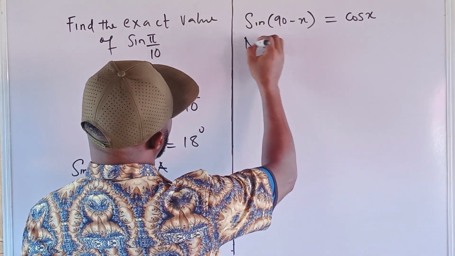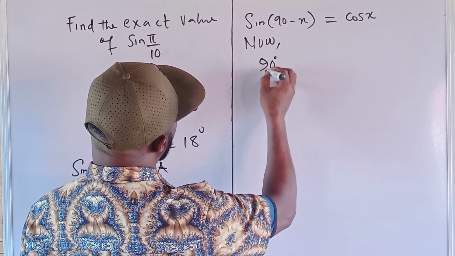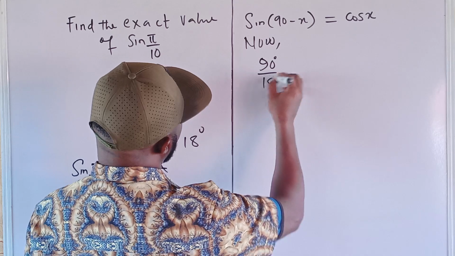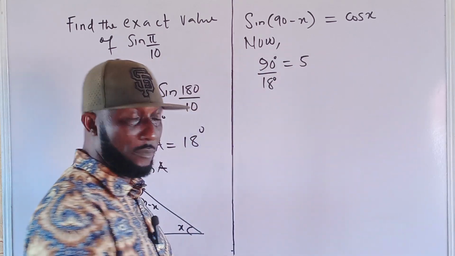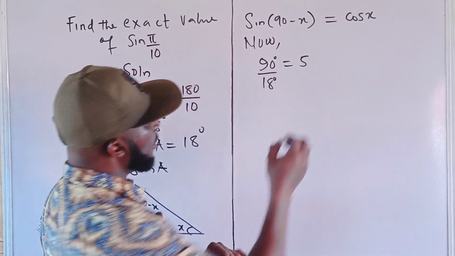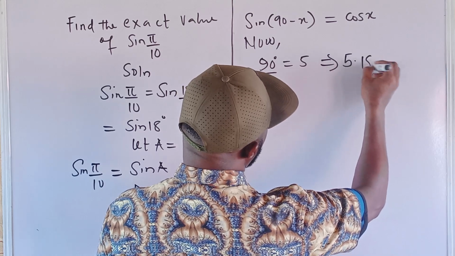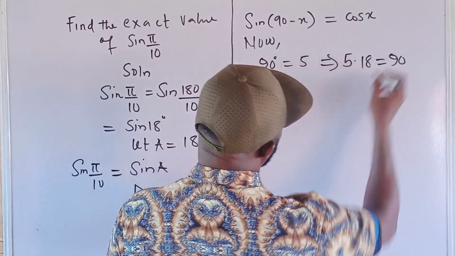Now, if I divide 90 degrees by 18, I'm going to get 5. So 90 degrees divided by 18 degrees will give me 5. So I can then write 5 multiply 18 equal to 90.